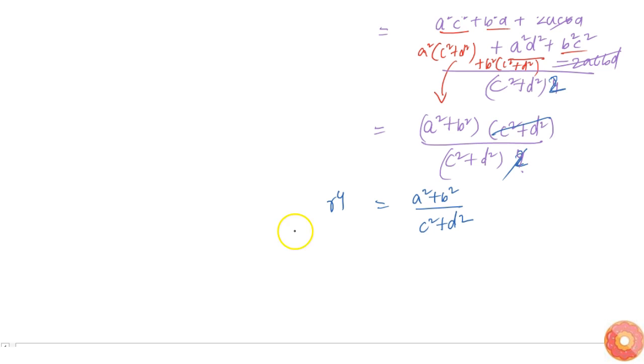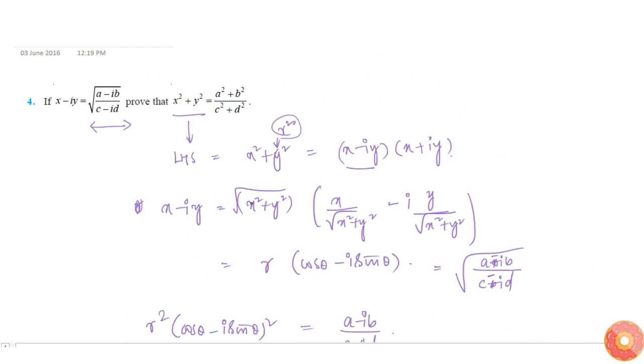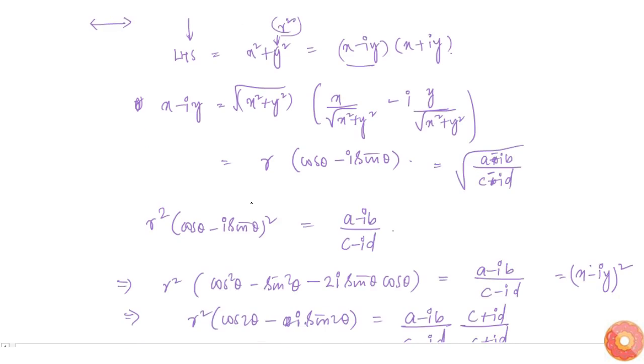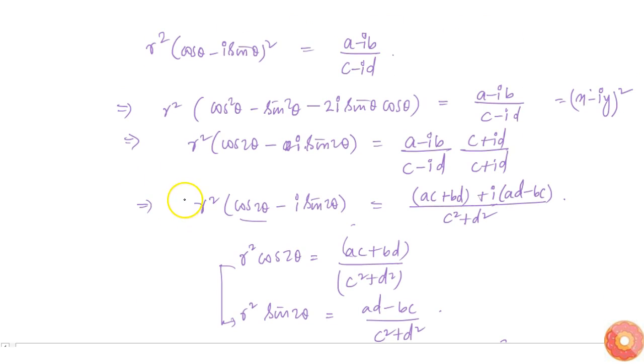R power 4, which is equal to x square plus y square whole square. Where did I make a mistake?